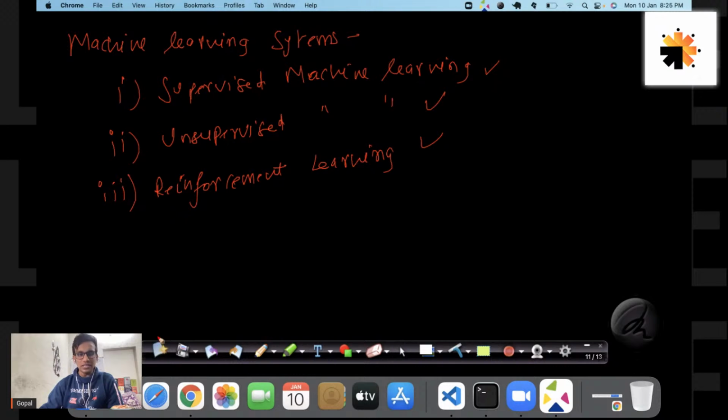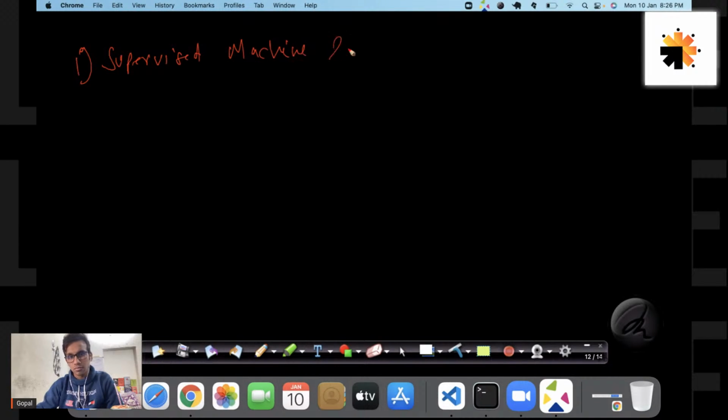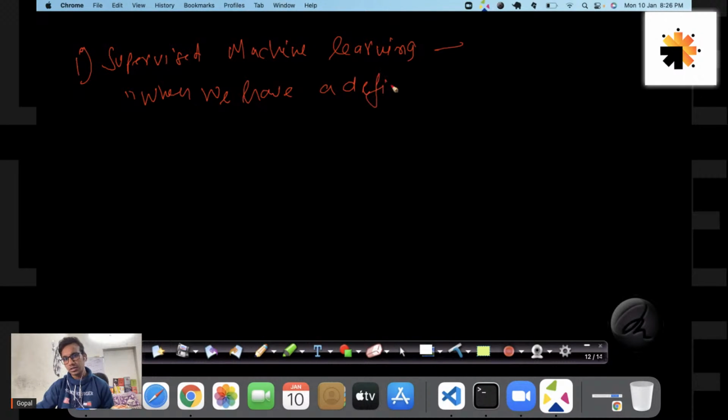What is a supervised machine learning algorithm? Just to keep it simple, it is when we have a definite class to predict or estimate.